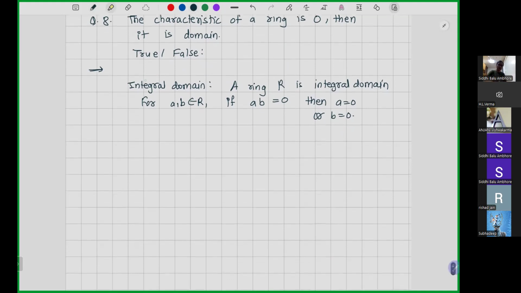And please understand this definition. If there are any doubts, please let me know. Examples of this are Z, Q, and polynomial rings K[x], K[x1, x2, ..., xn], and so on. There are many examples of that sort which we know.